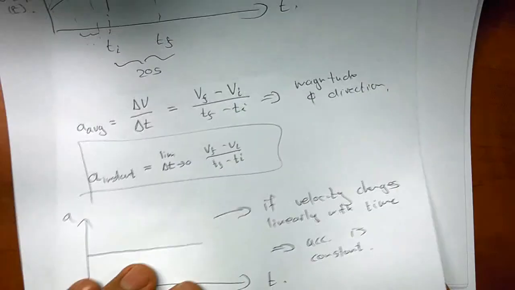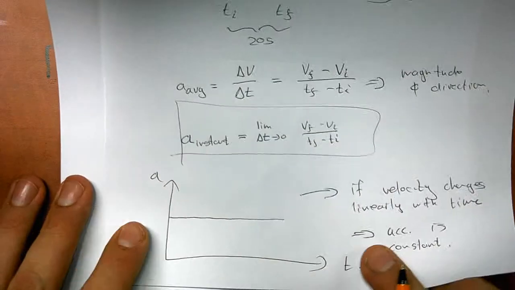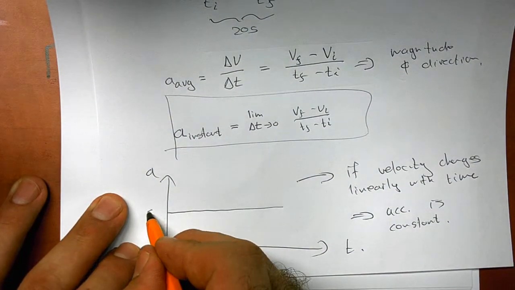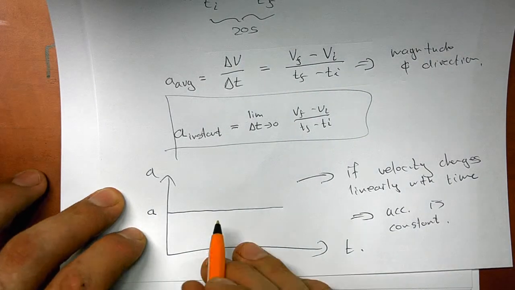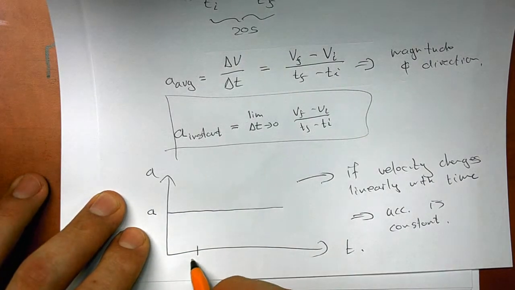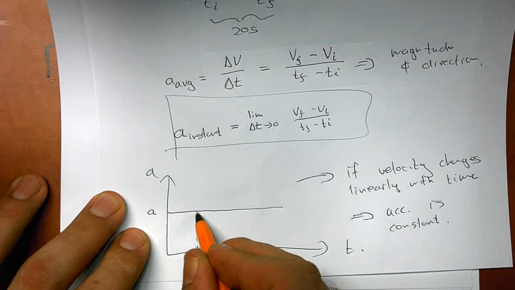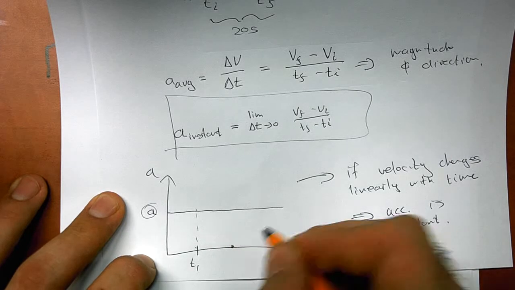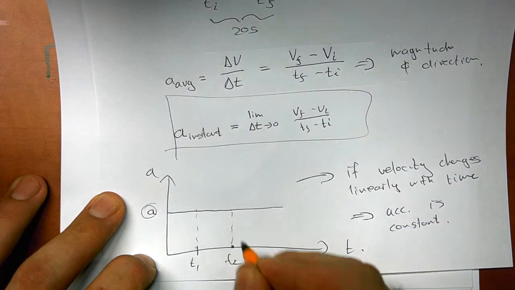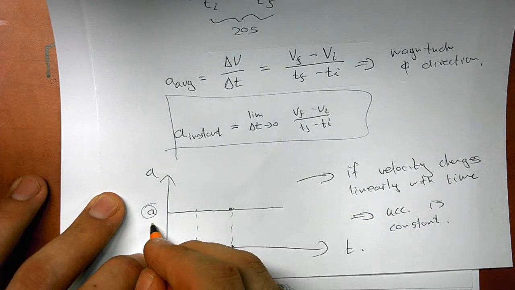And an interesting thing about constant accelerations is, let's say this is then my acceleration. If I were to look, let's say, at this time, t1, I find my acceleration is equal to a. If I look at this time, t2, I find my acceleration is exactly the same.